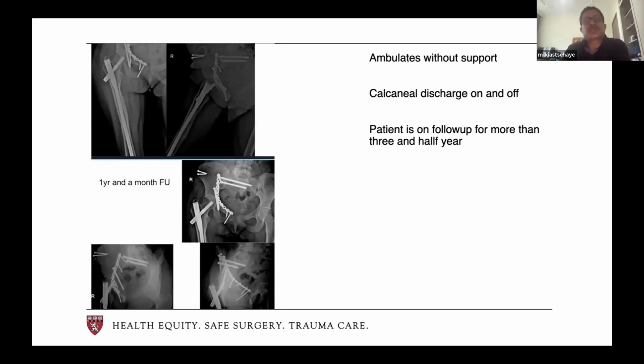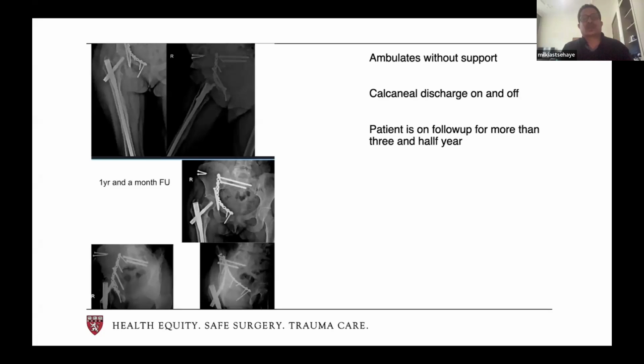But as I mentioned earlier, she also had a tibial plateau fracture, which is not that much displaced, and a calcaneal and talar fracture as well. During her post-operative follow-up, around a week later, she developed a lower limb DVT, so we were not able to manage the other additional fractures.